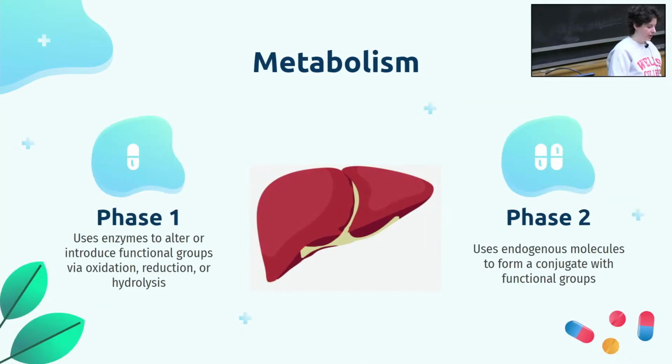And then, getting into metabolism, there are two phases of metabolism. You have phase 1 and phase 2. So phase 1 is going to be your small molecule drugs. Phase 1 uses enzymes to alter or introduce functional groups via oxidation, reduction, or hydrolysis. So that organic chemistry never goes away if you want to continue in medicine.